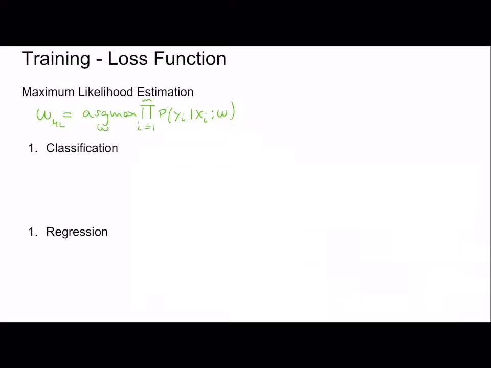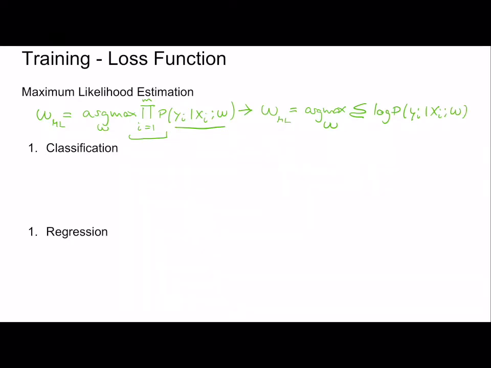So I want to maximize the probability of y1 given x1 and w, times the probability of y2 given x2 and w, and so on. Now, working with products is not very convenient, mathematically speaking. So we can apply a transformation to this. The maximum likelihood estimate of the weights is given by the argmax of the summation of the logarithm of the probability of y_i given x_i and w.